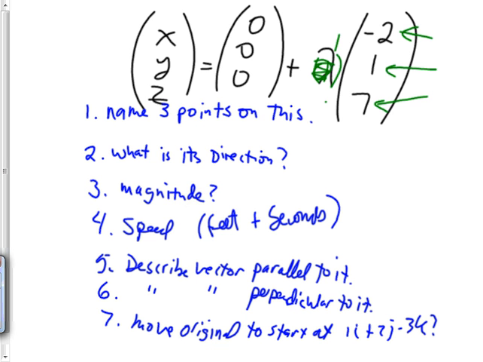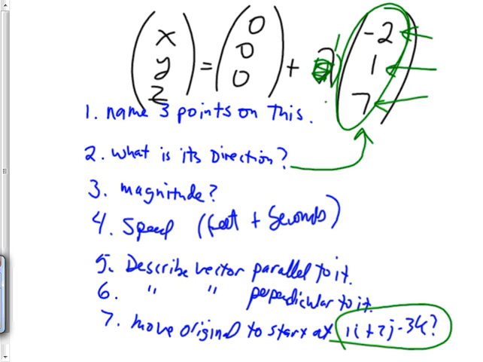Does that happen for every vector? No, because this started at 0, 0, 0. If you move it to start somewhere else, then you can't just grab this as a point. This happens to only be a point on it because it started at 0, 0, 0. But you always move it in that direction. That is its direction right there.